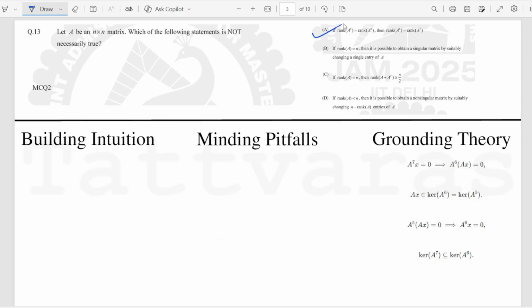So when we look at this option, the rank will be same if the row space is same, because essentially a matrix is a collection of row vectors, right? And so the space being spanned by these vectors is the row space, and the rank of the matrix is the dimension of the row space.